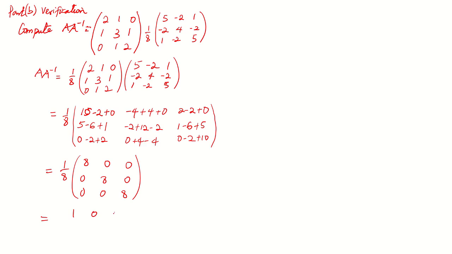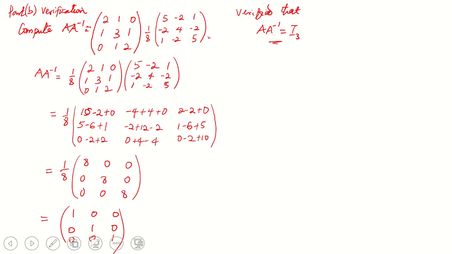You have 1 0 0, 0 1 0 and 0 0 1. So as you can see, it is verified that A times A inverse is equal to the identity matrix. This has been verified, which means that the inverse matrix we obtained is indeed the inverse of matrix A.